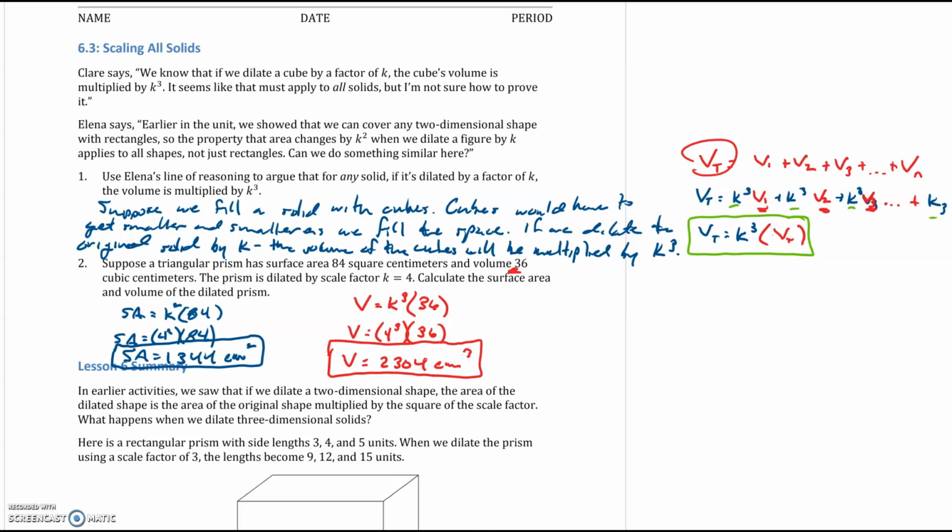Perfect. So that's how we would apply this scale factor. Really important right over here, let's remember this. In order to scale the volume, we just multiply by the cube of the scale factor. And when we want to scale up surface area, again, we multiply by the square of the scale factor.